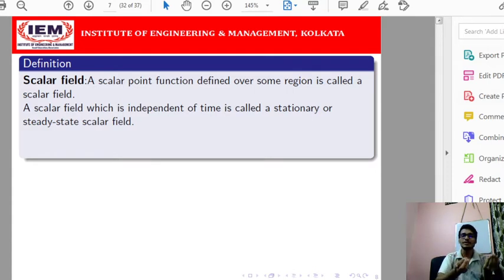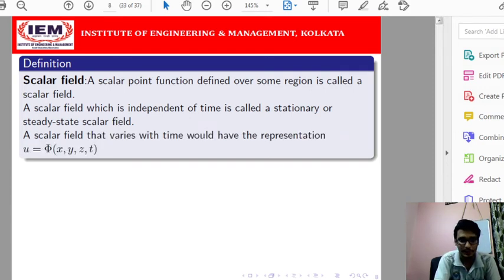The scalar point function that we define corresponding to a particular point, and the collection of all such scalar point function values in a particular domain or region, is called the scalar field. A scalar field can be dependent on time or independent of time. If it is independent of time, it is called a stationary or steady state scalar field. That means it is not dependent on time.